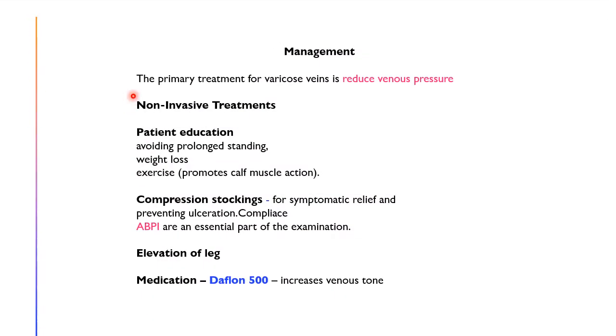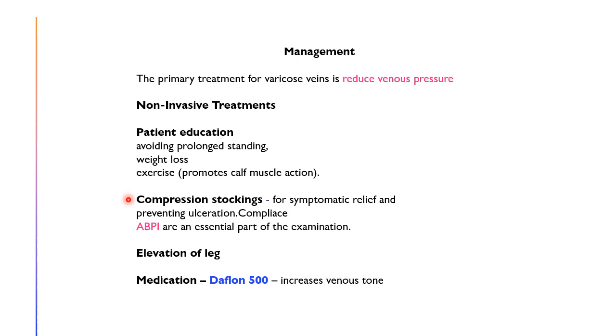Now we come to the management of varicose veins. The primary aim in the treatment of varicose vein is to reduce the venous pressure. This can be done by a number of ways. The non-invasive methods include, first, patient education on avoiding prolonged standing, decreasing weight, and also regular exercise to promote the calf muscle action, which will improve the blood flow in the limbs.